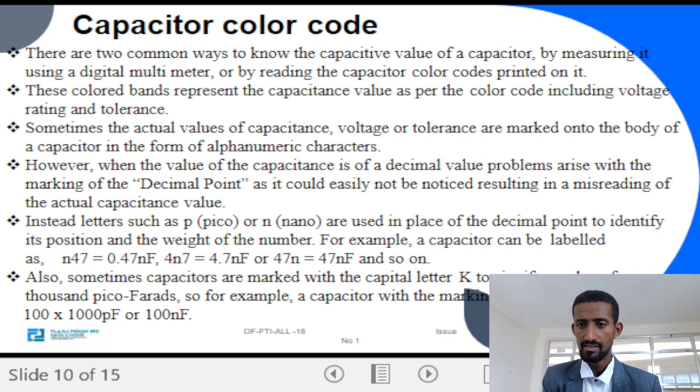Also, sometimes capacitors are marked with a capital letter K to signify a value of 1000 picofarad. If it is K, it is 1000 picofarad. For example, a capacitor marked 10K would be 10 times 1000 picofarad, that is 10 nanofarad.